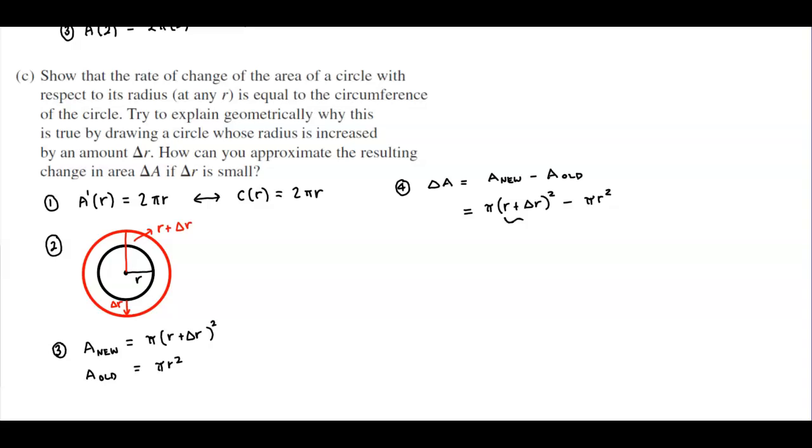Okay, so we need to expand this, so therefore this is going to be pi times r squared plus 2r times the change in r, plus the change in r squared, and that's minus pi r squared.